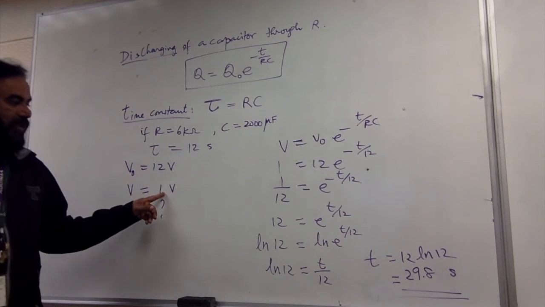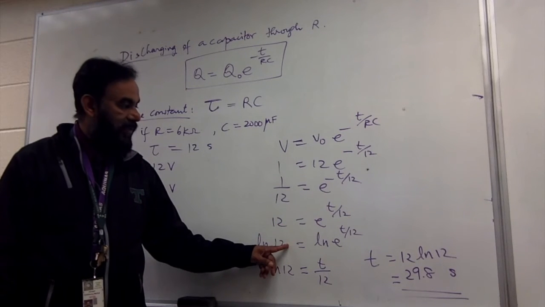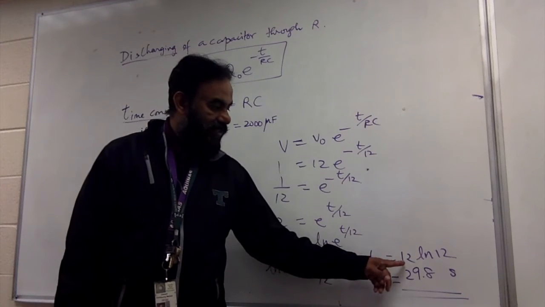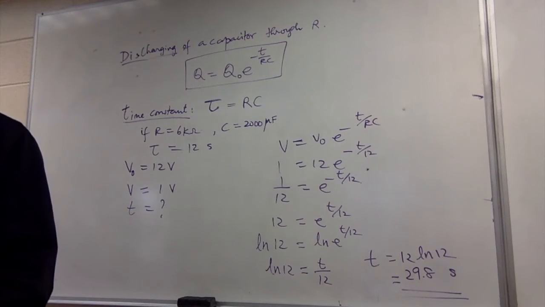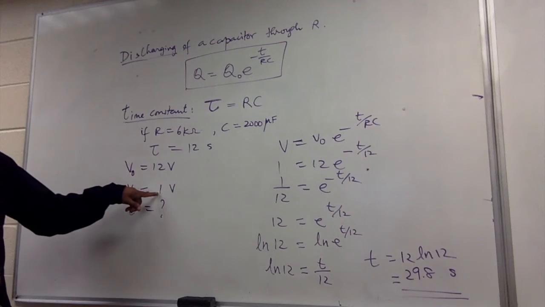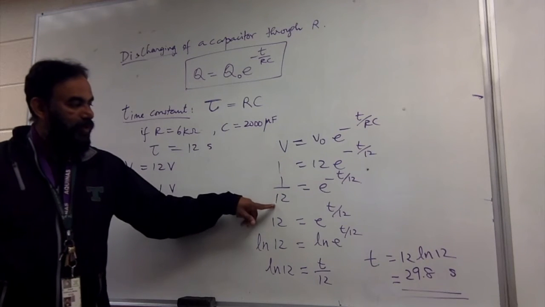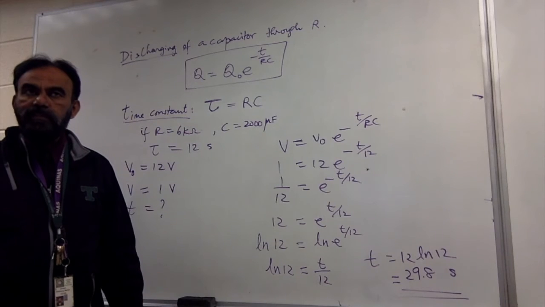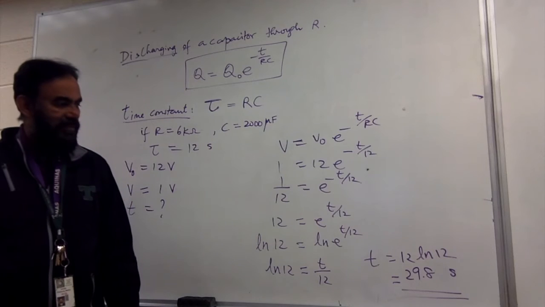If this is going to be 0.1, this is going to be 120, so ln 120, right? So 12 times ln 120. Because I'm saying if this is 0.1 volts, not 1, then it's 0.1 over 12, so 12 over 0.1, that is 120. So 57.47. I thought it would be more. Are you sure? That's what I got.